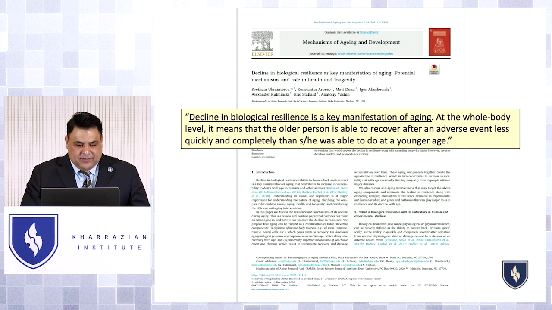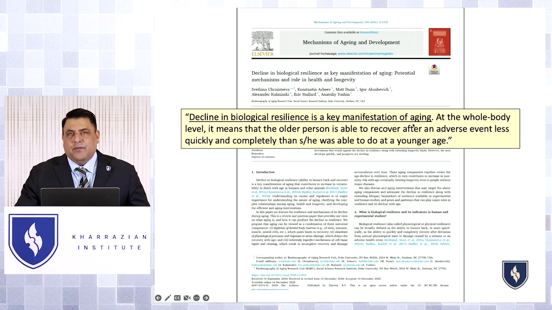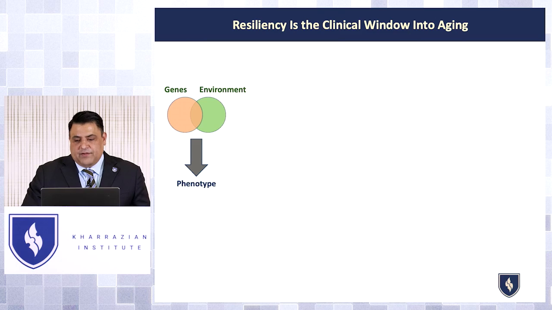So, decline in biological resilience is a key manifestation of aging. As a clinician, you're not going to be able to measure everyone's telomere length in every single one of their tissues, and look at all the different biopsies of every tissue to figure out how old their tissues are. But you can see change of resiliency in every part of their tissues. And that could be a major clue to you that they are starting to age.